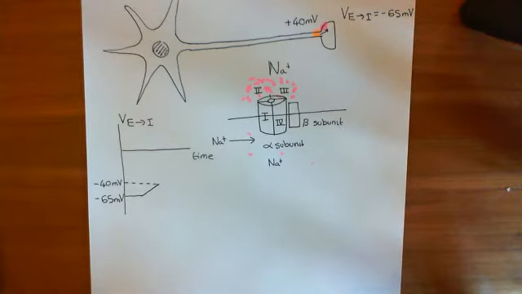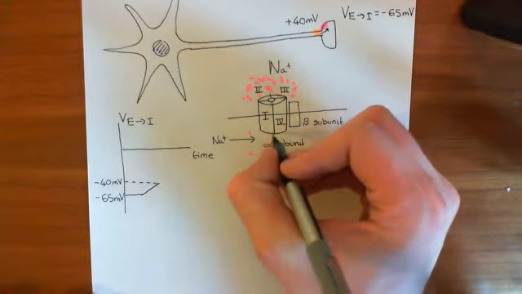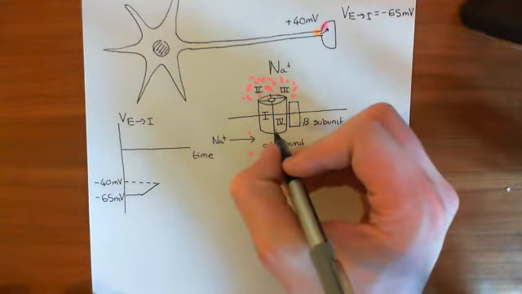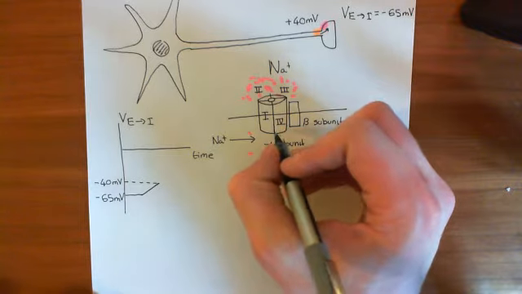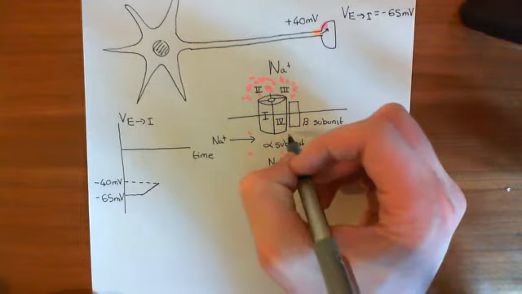So, the result is that when you reach negative 40 millivolts and activate these voltage-gated sodium channels, you get a large current of sodium moving into the cell. Sodium ions have a positive charge, so you're bringing positive charge from the extracellular compartment into the intracellular compartment.